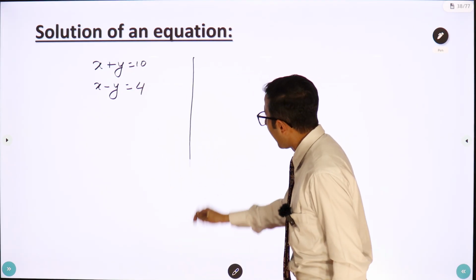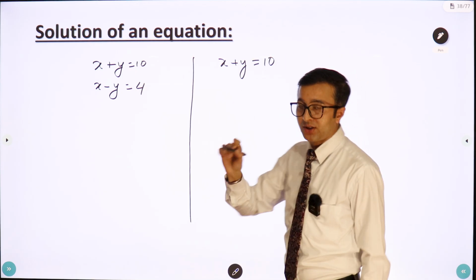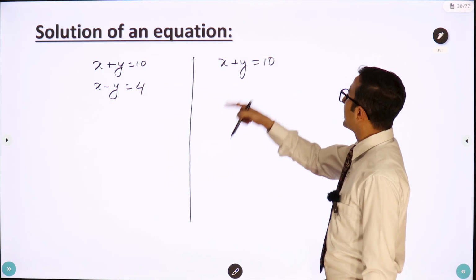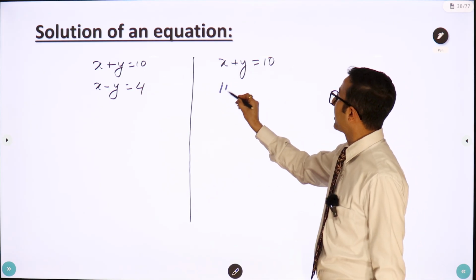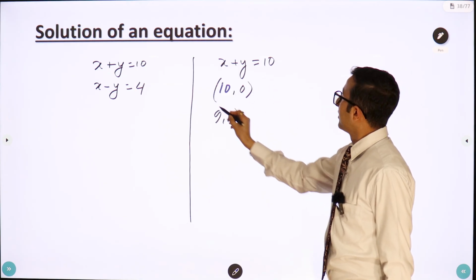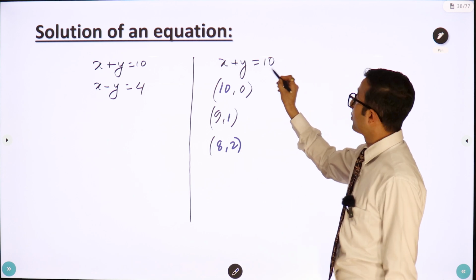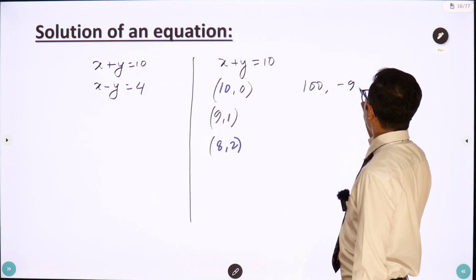Now, if I had asked you only x + y = 10, with only one equation, and you needed to find the values of x and y which give the sum 10, we would have infinitely many values. For example, 10 and 0, 9 and 1, 8 and 2. Not only that, the sum should be 10, so you can say 100 and minus 90.